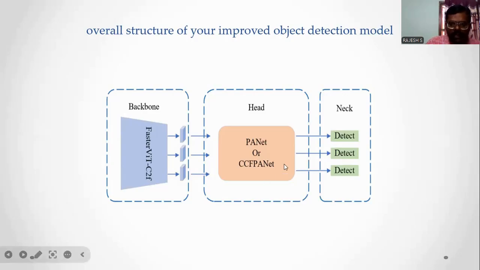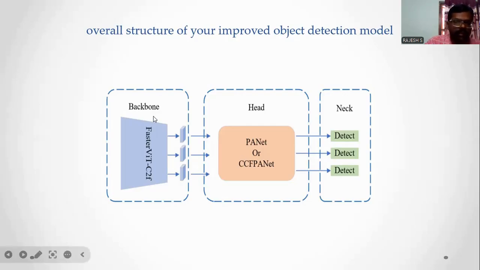These green boxes are the final layers that predict bounding boxes, a box around the object, then the object class, the name of the object, and the confidence score, which is how sure the model is about its prediction.